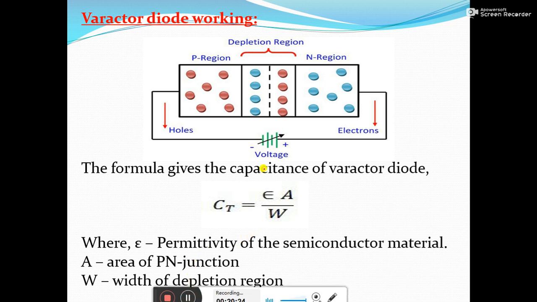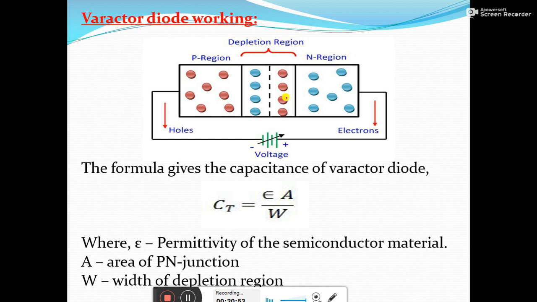And as we see in the basic operation of the diode, whenever the diode is reverse biased, the depletion region at the junction is going to increase, because all holes will be pulled towards the negative terminal of the battery source, and all electrons are pulled towards the positive terminal. They move away from the junction. That's why they result in a large depletion region.